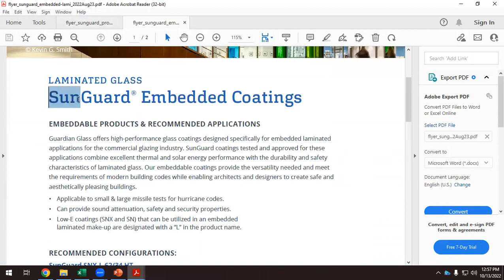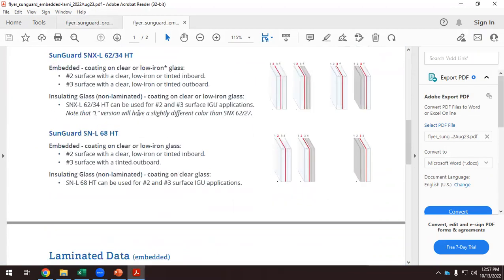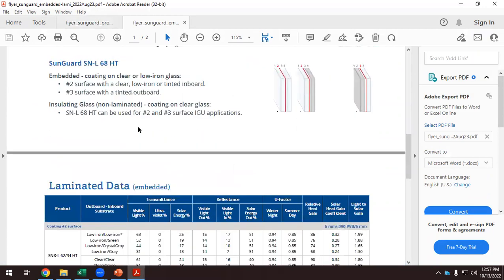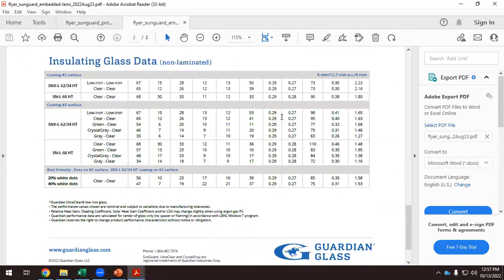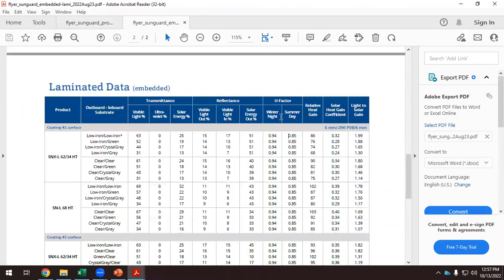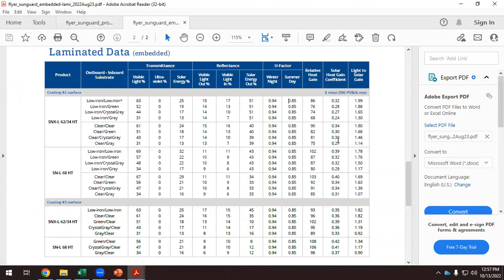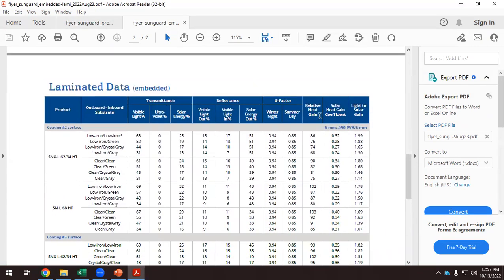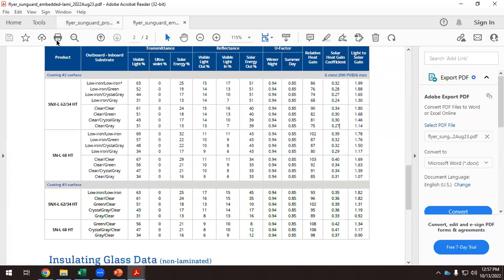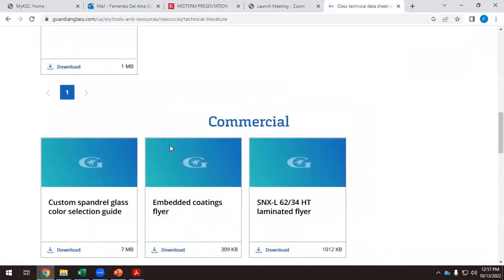Well, when we have the word sun, it means that we have solar control layers. So here they explain that. And here we have the U factor. Here the U factor is quite high, it's 0.8, so we don't want that. And the solar heat gain coefficient is 0.4.